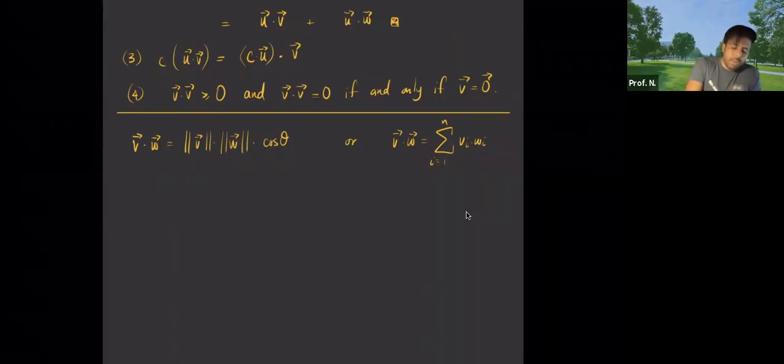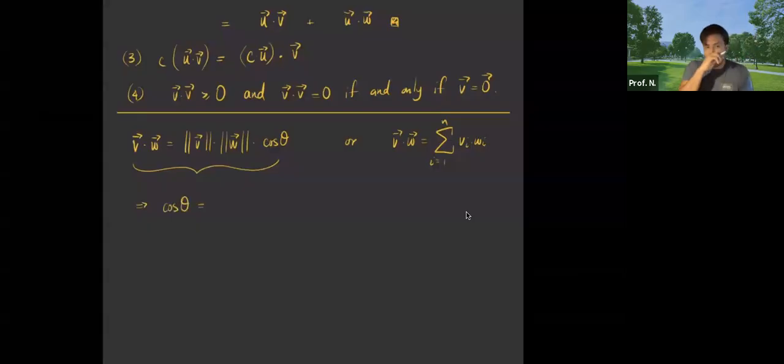So by doing some algebra here, what else can I say? I can say that the cosine of the angle between any two vectors is equal to the dot product, which I can define using this definition.